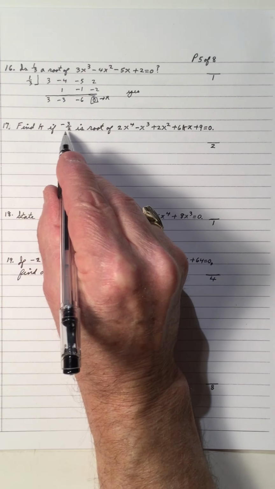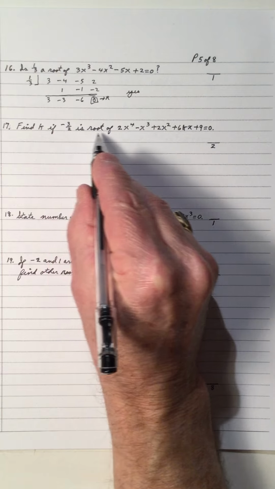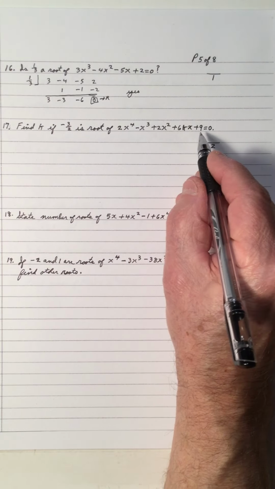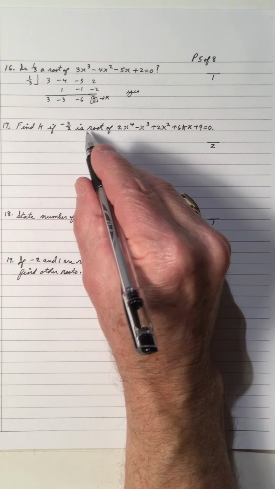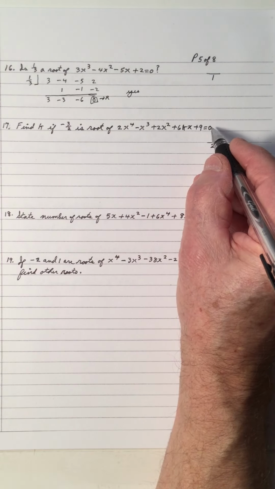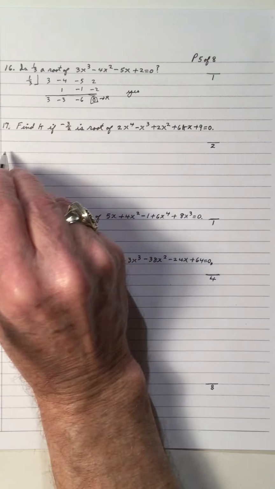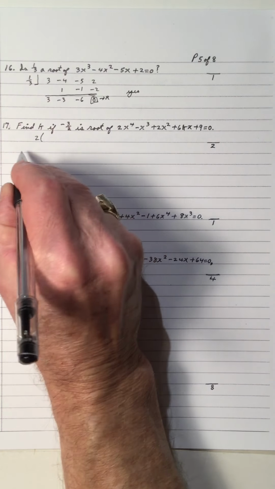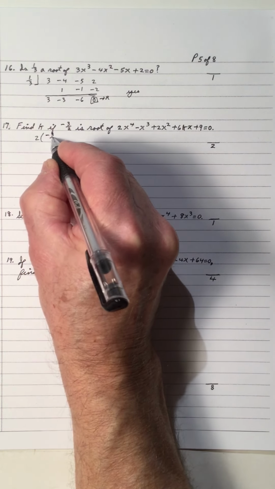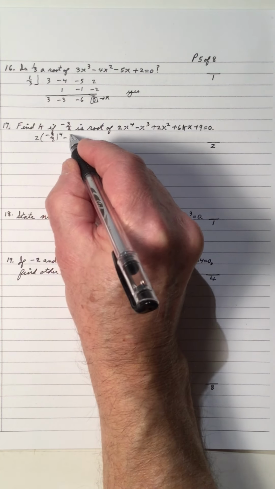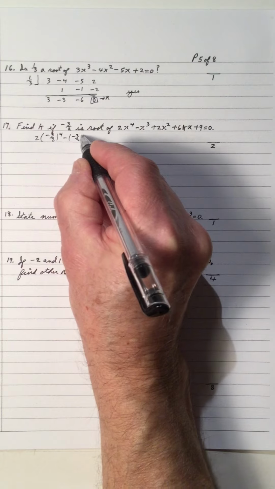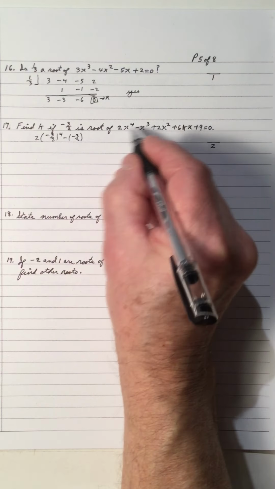Find k if negative 3 over 2 is the root of this equation. So because it's a root, then the remainder is going to be equal to 0. Because I'm working out k, I'm going to sub the negative 3 over 2 in.